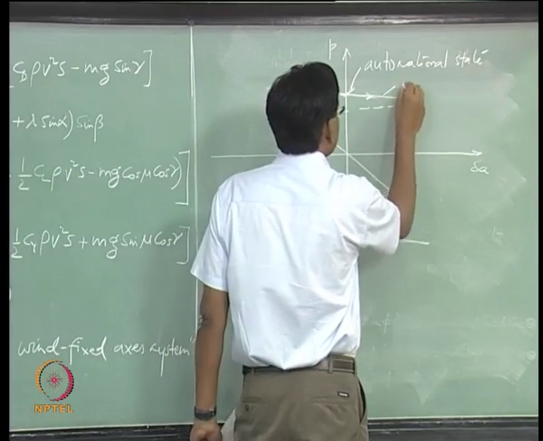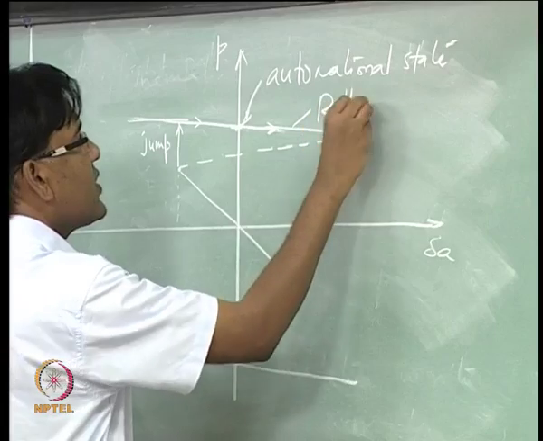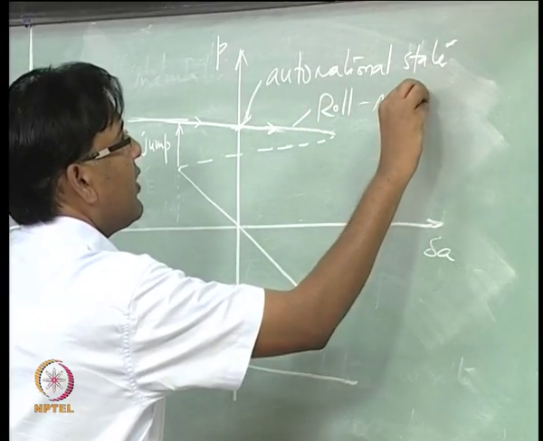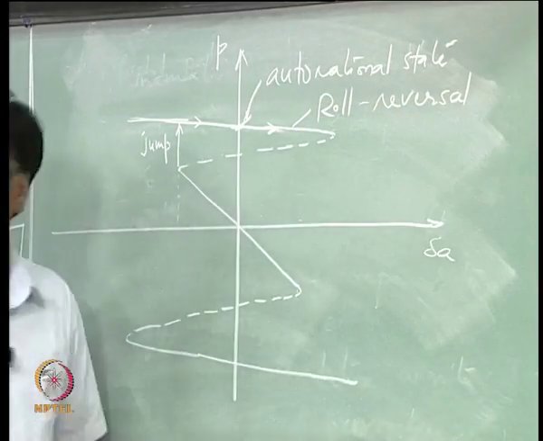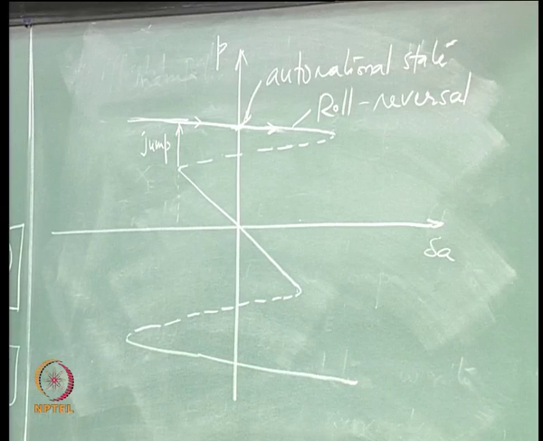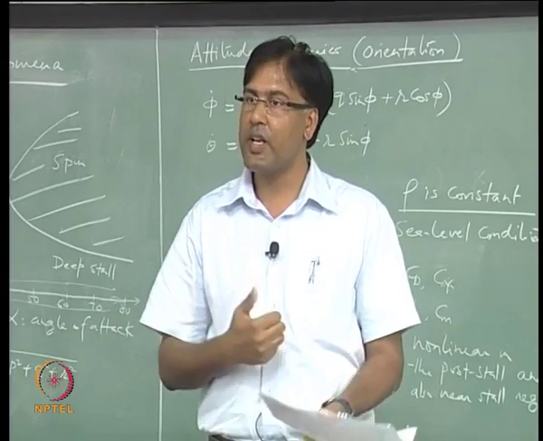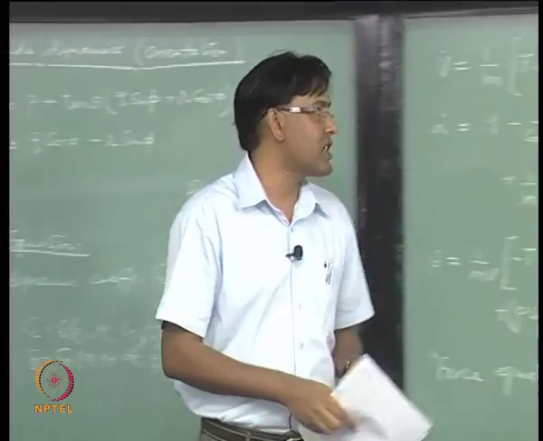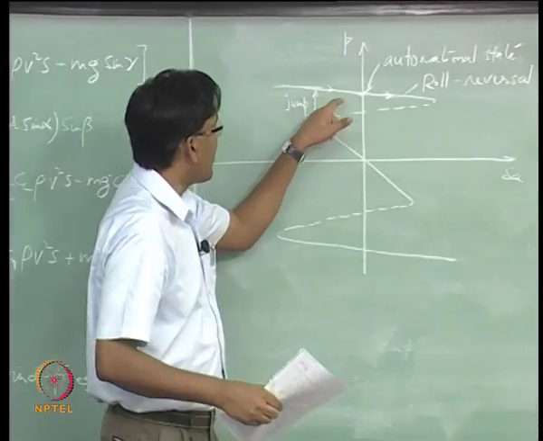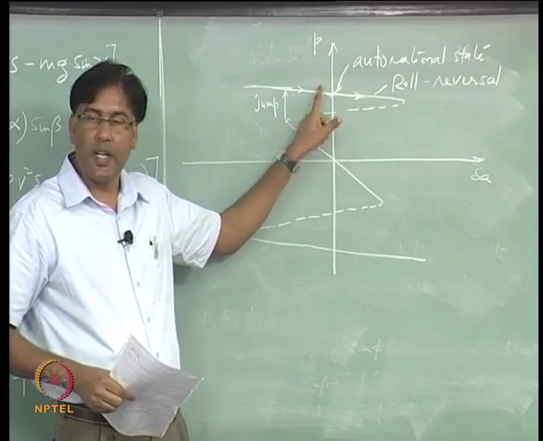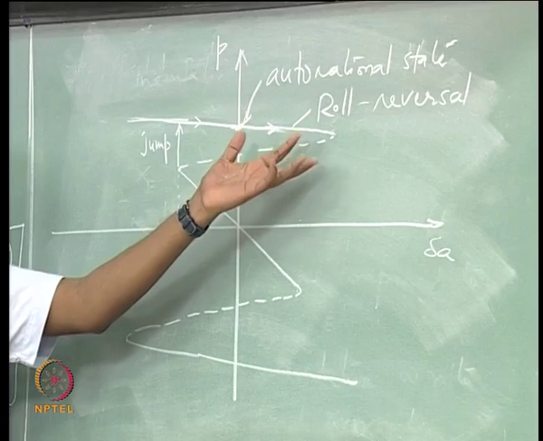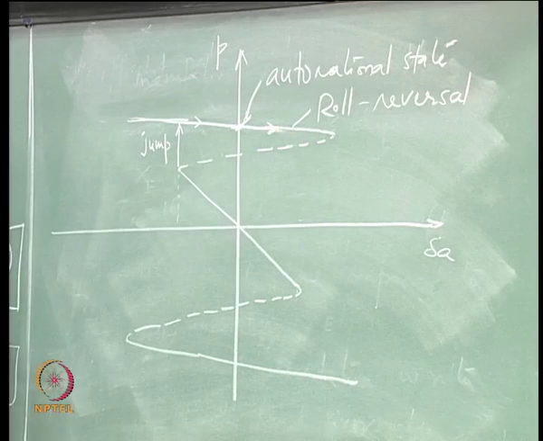So there is a condition which is called roll reversal which is taking place. I am expecting negative aileron to give me positive roll rate and positive aileron to give me negative roll rate, but here what is happening, because of this nonlinear condition, I am seeing a positive aileron is giving me positive roll rate, and that is called roll reversal, right.